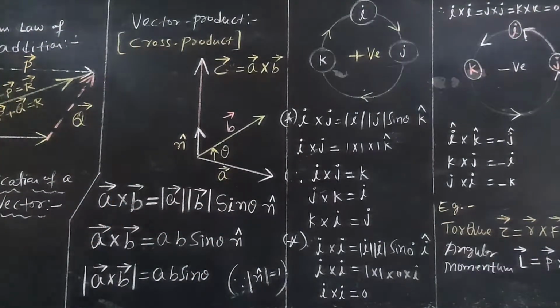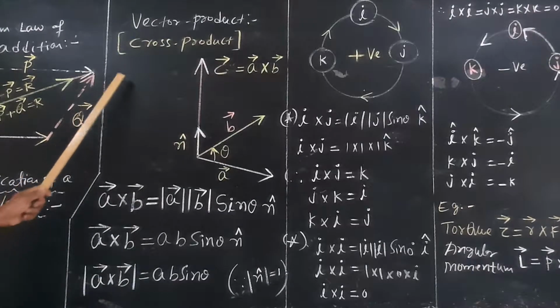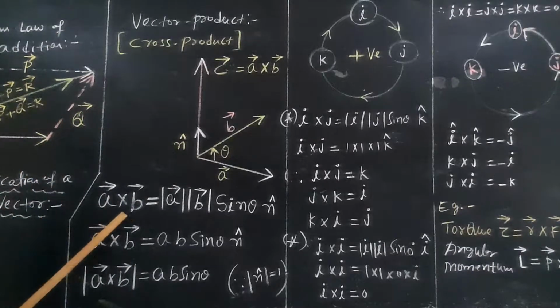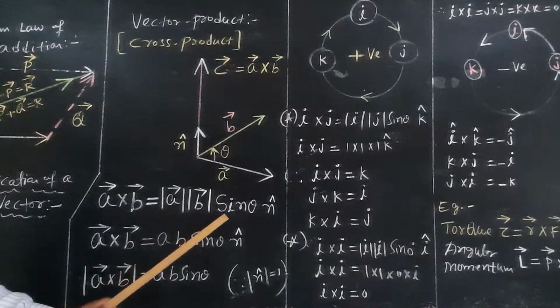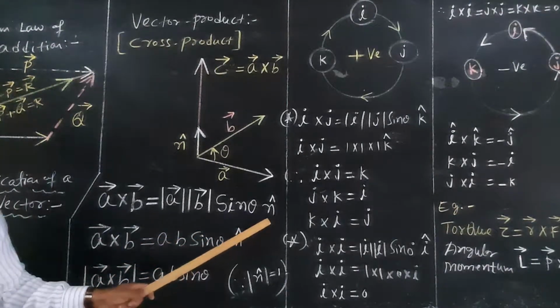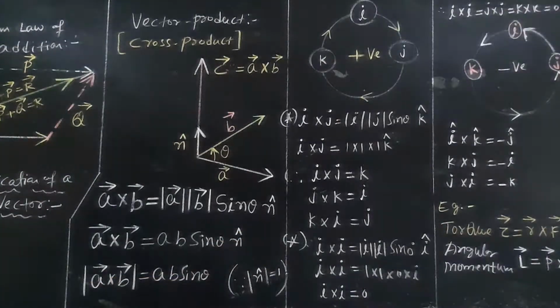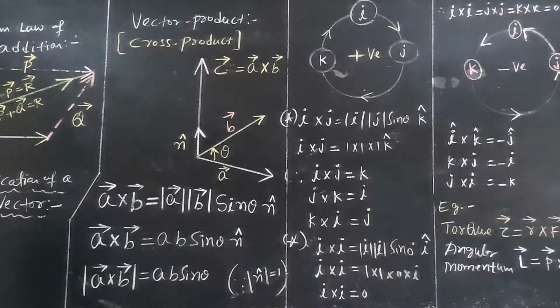How to define the cross product of two vectors? Vector A cross vector B is equal to magnitude of A into magnitude of B into sin theta into n cap. What is the definition of cross product?